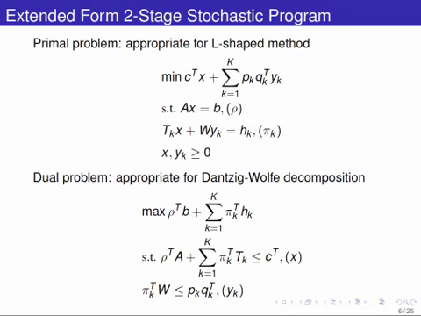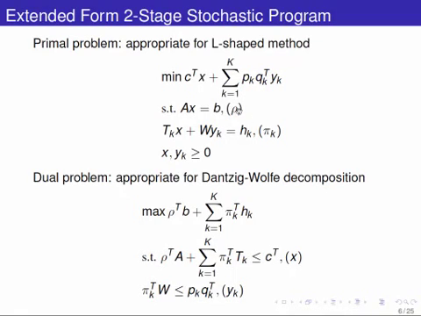So in more specific terms, what I'm writing out here is the primal form of the two-stage stochastic program. The notation should be familiar.